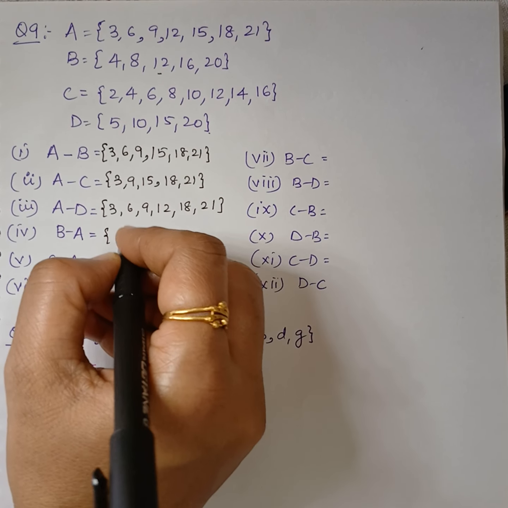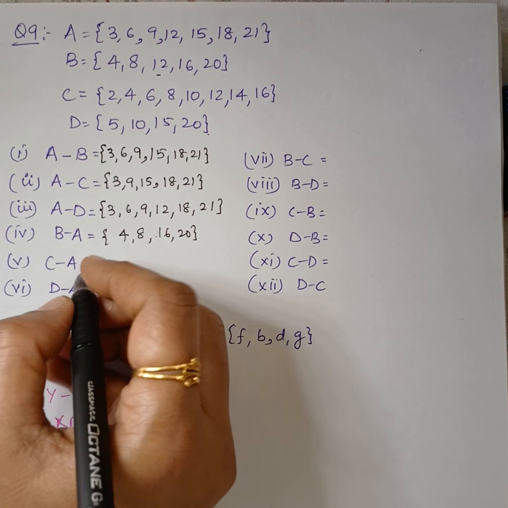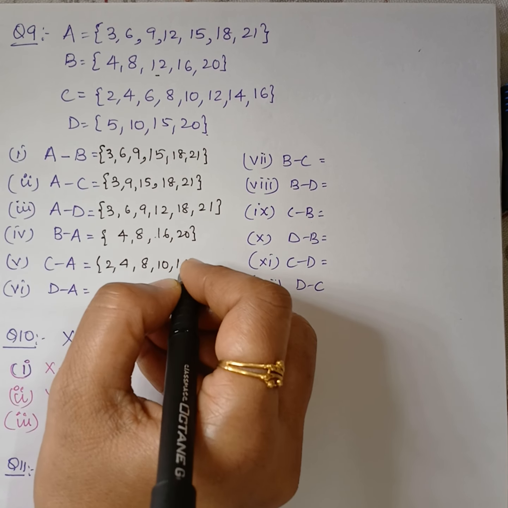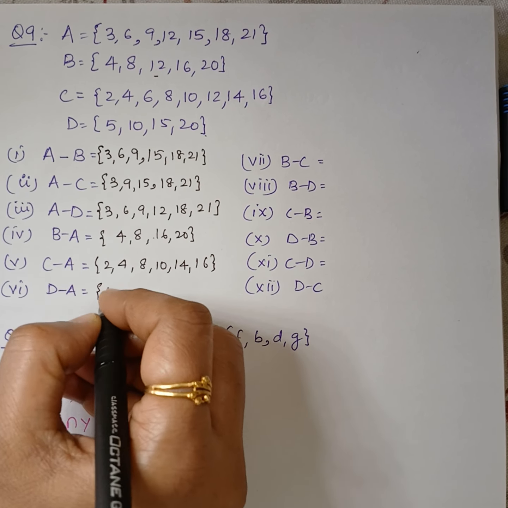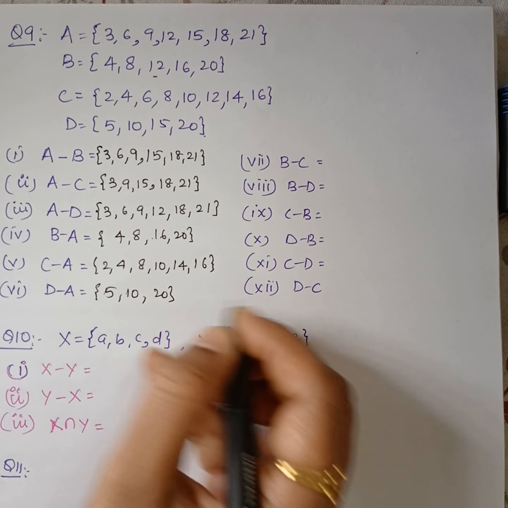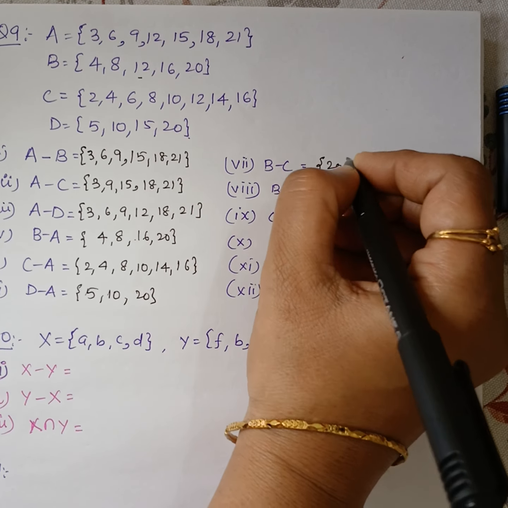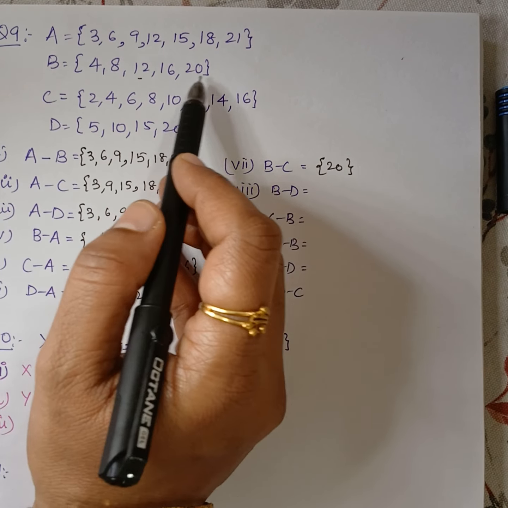Then B minus A will be 4, 8, 16, 20. Then C minus A will be 2, 4, 8, 10, 14, 16. Then D minus A will be 5, 10, 20. Then we have B minus C. B minus C will be 20. From B, I have removed the elements of C. All are there except 20.